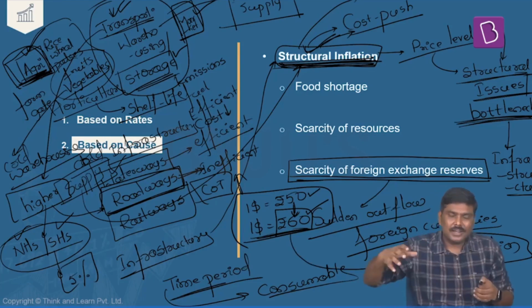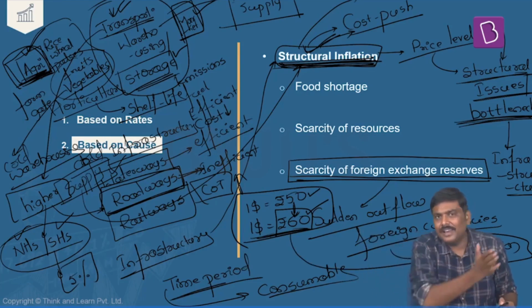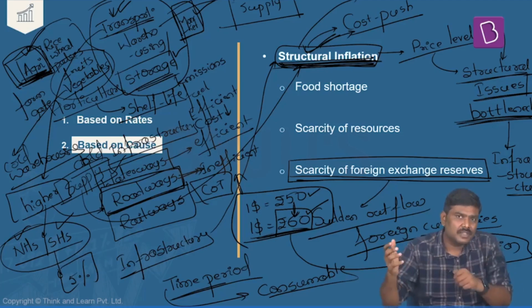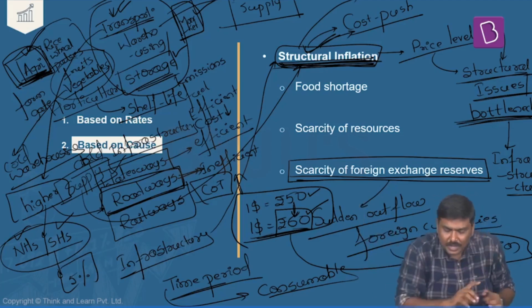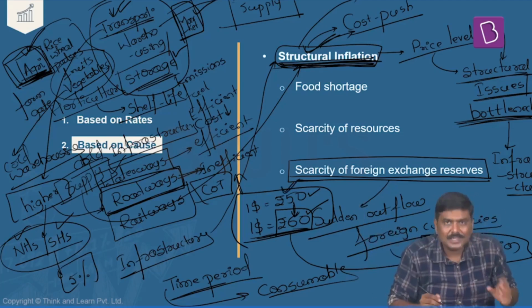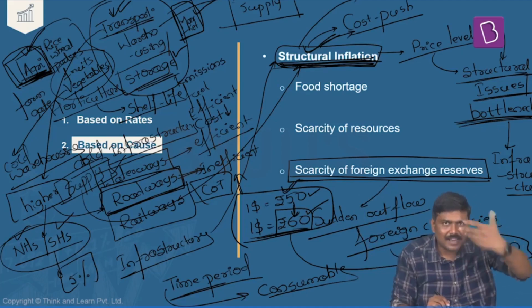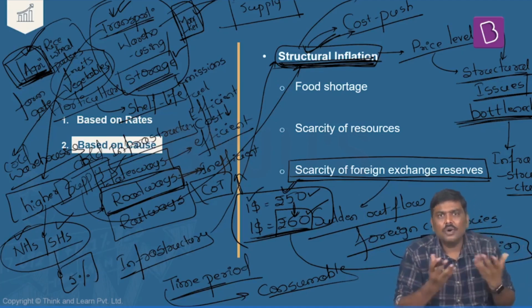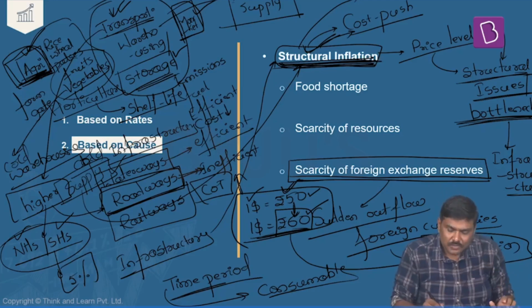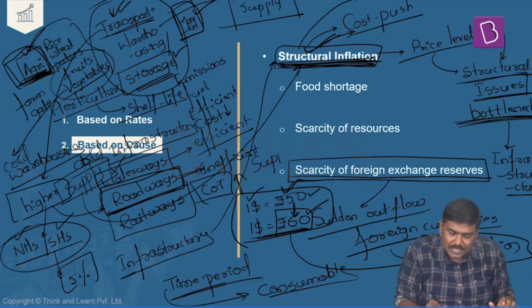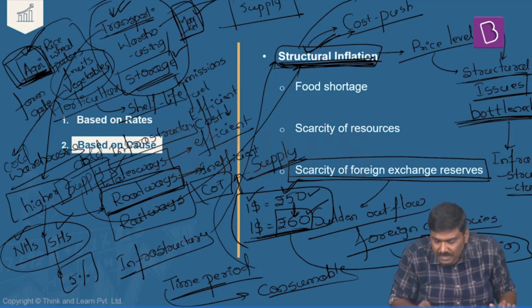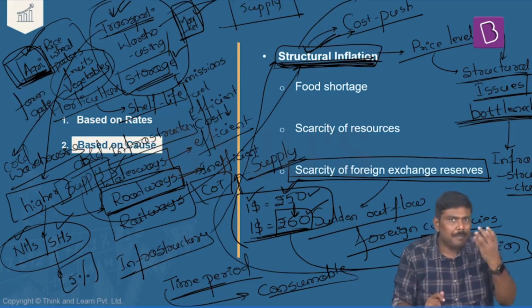And whenever foreign currencies flow out of India like this, for example, when foreign investors want to take their money out of India, they will supply rupees in the market. They will sell rupees and demand dollars. They will purchase dollars. So when there is a higher supply of the domestic currency in the forex market like this, it will lead to depreciation of the rupee. Now, what is the impact of this?